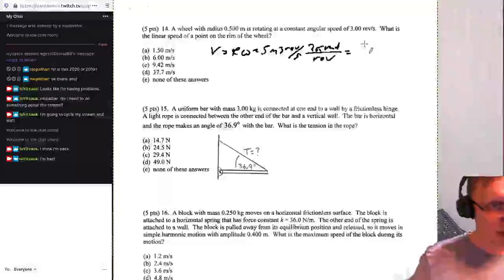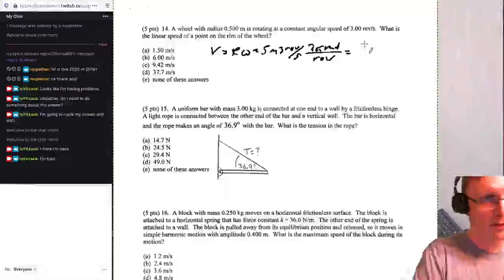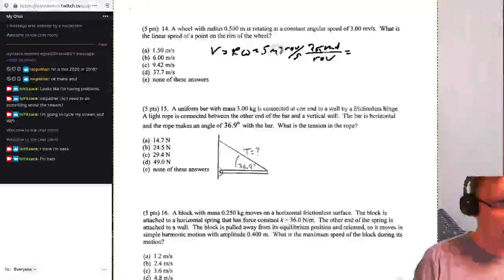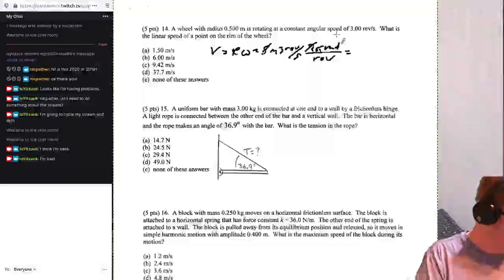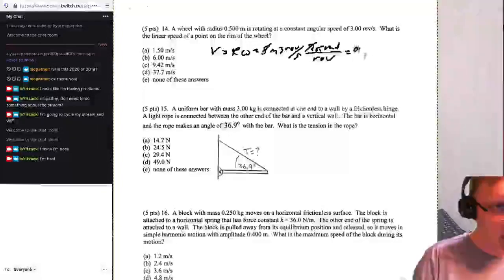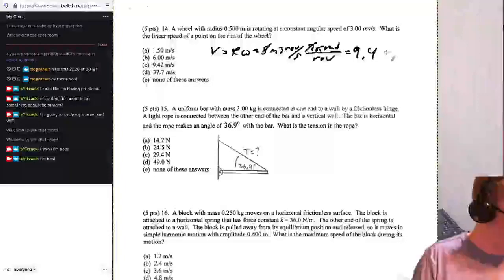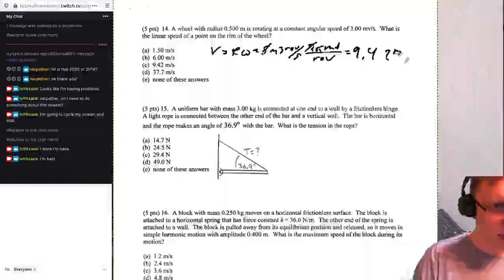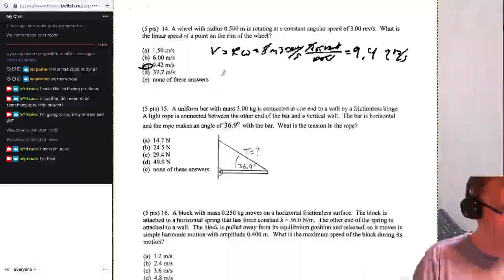And that answer is, hold on a moment. 1/2 cancels with the 2, so we have pi times 3, 3 pi, 9.42 meters per second. Revolutions cancel with revolutions, radians are unitless, meters per second. Ta-da! 9.42 meters per second.